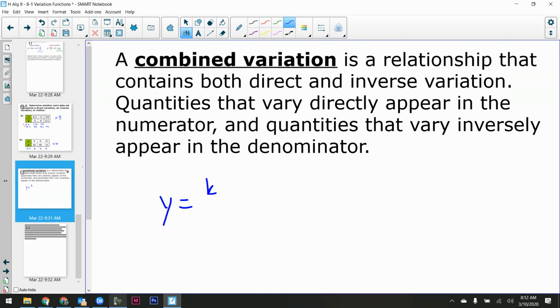So I say y varies directly with x, and varies inversely as c, varies inversely as d, varies directly as z, varies inversely as t. I could keep going with that. Anything direct would be in the numerator, anything inverse would be in the denominator. K always happens.